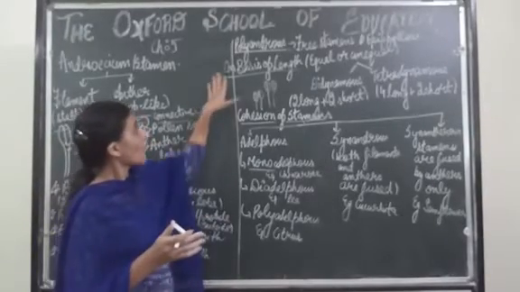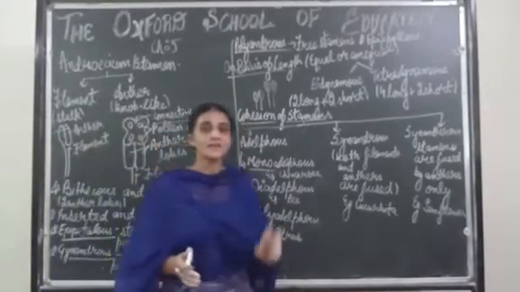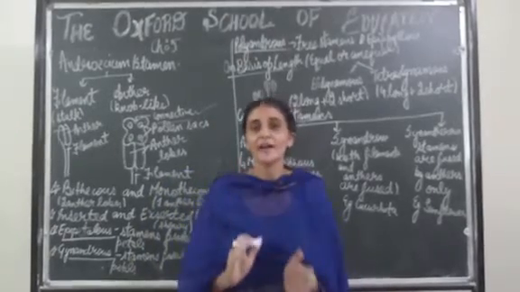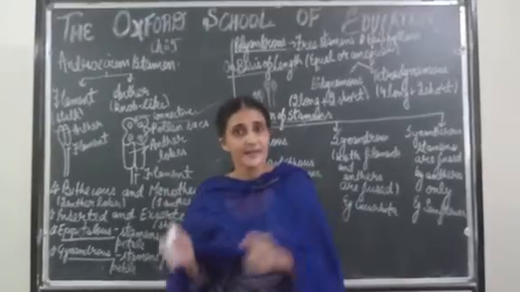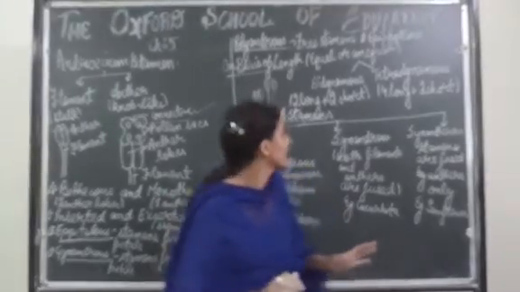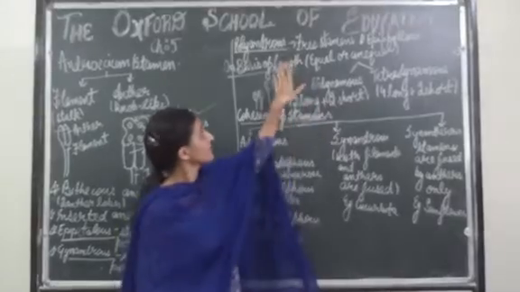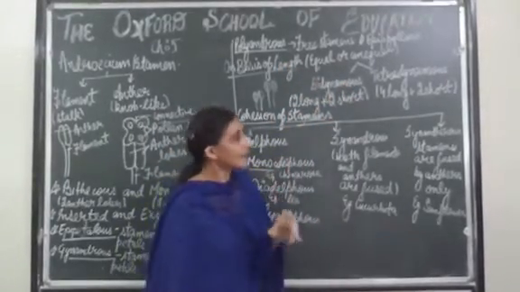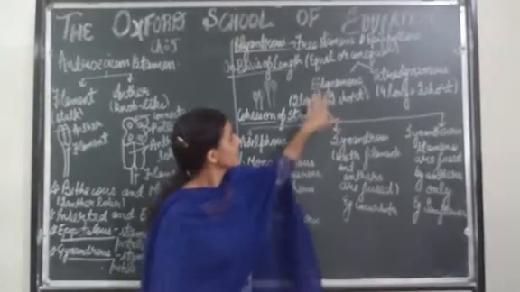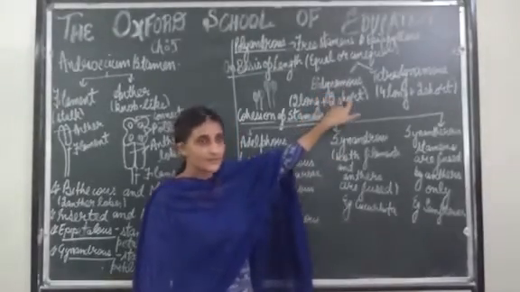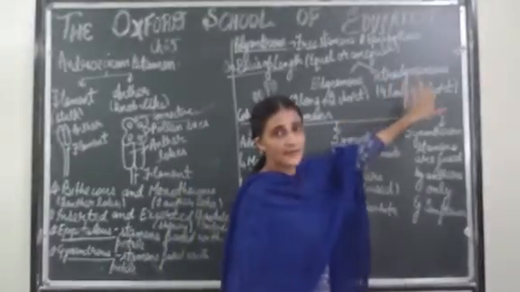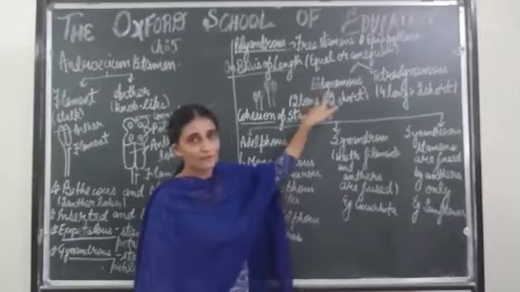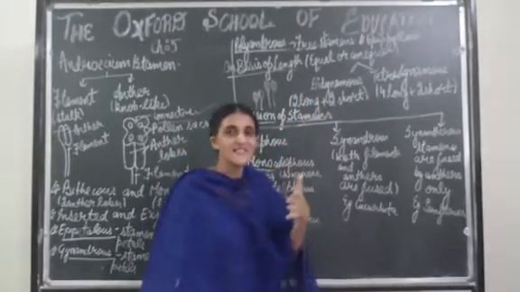Next is on the basis of length, whether the stamens present within a flower are of the same size or of different sizes. In case they are the same, then no problem. But if the size of the stamens is unequal, then we can divide it into two main categories, that is didynamous and tetradynamous. Di means two, that means two types of stamens are found on the basis of length.